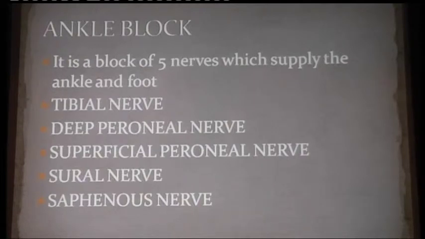So as you go distally at ankle level, the component from the lumbar plexus is the femoral nerve. So at this level is the saphenous nerve, which is a component of femoral side, that is the lumbar plexus. Whereas all other 4 nerves are from the sciatic component, that is the tibial nerve, deep peroneal nerve, superficial peroneal nerve, and sural nerve.